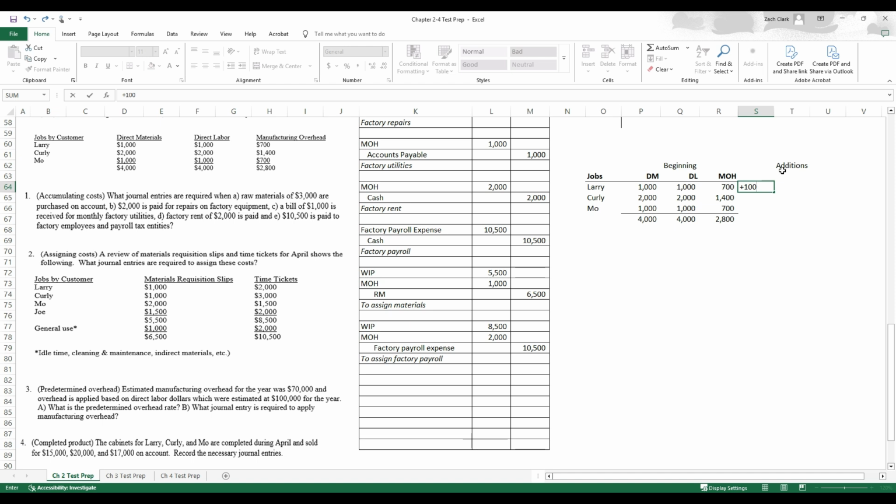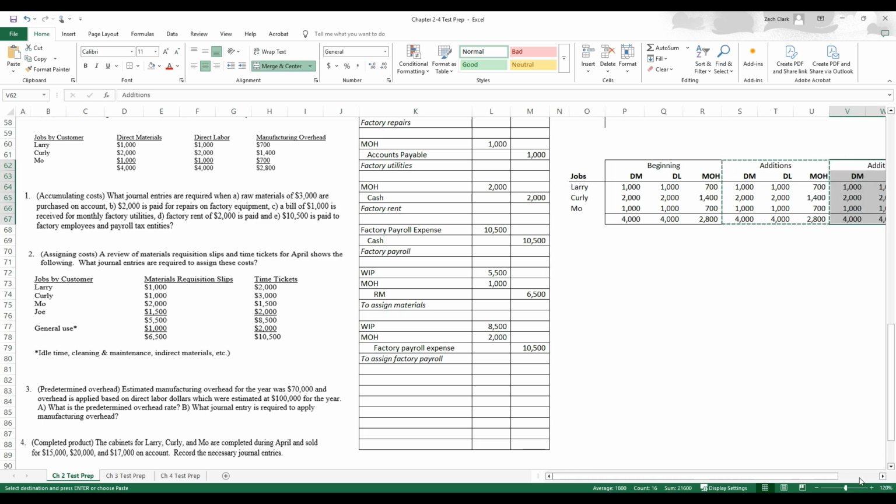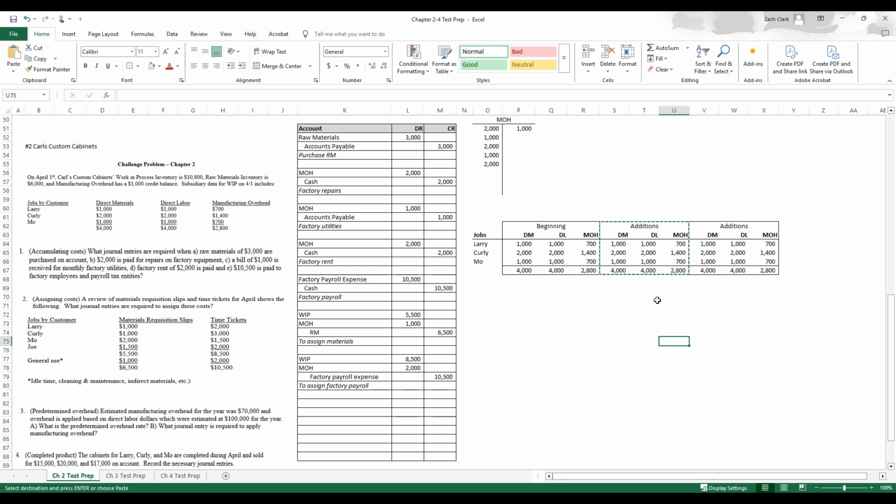I'm going to take the same exact format basically here. So that's our beginning. Just going to make these clearly delineated. This is our additions. And then we'll have the ending balance here. Zoom out just a little bit so we can see this better.